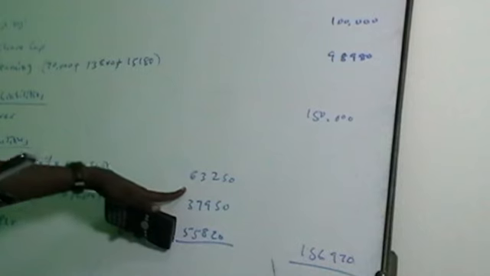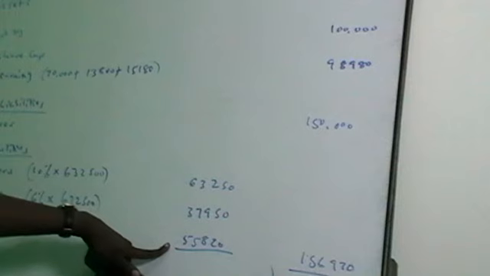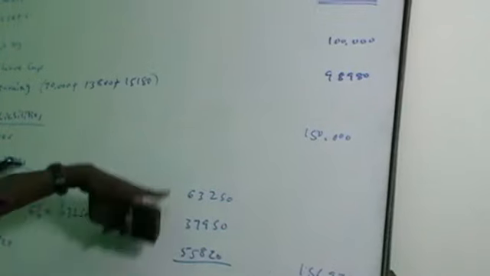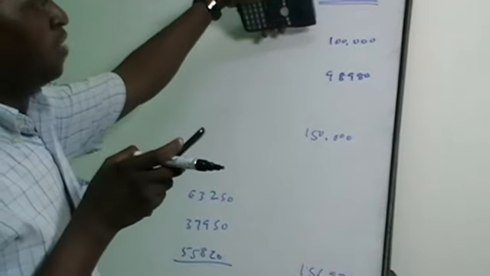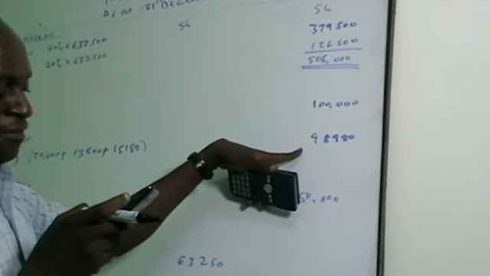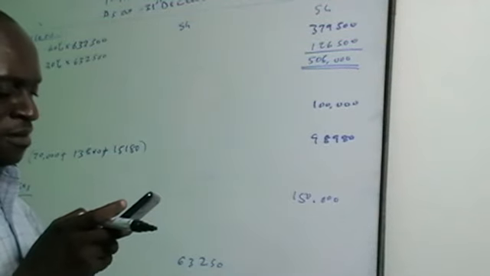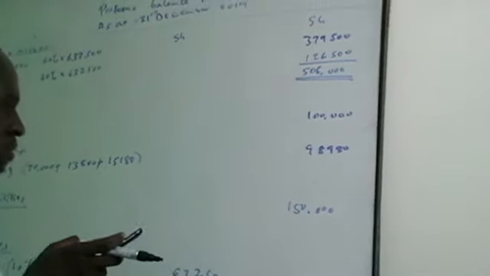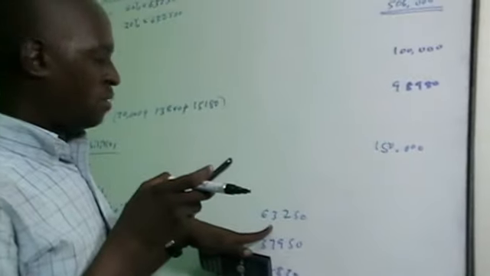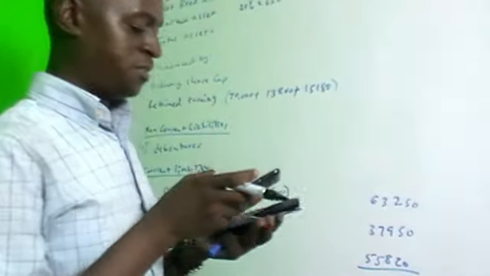This is 63,250. This is 37,950. This is 55,820. This is 379,500, 126,500. We have 100, we have 98,980. This is 63,250.